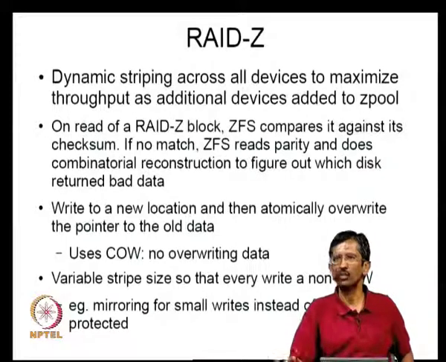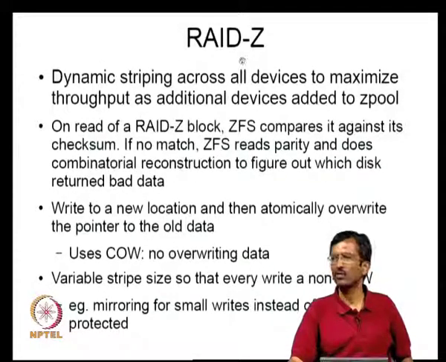It is not done by two different parties. For example, in Linux, the file system is designed by one group, and the MD or whatever volume manager is there is done by somebody else. Same thing in Veritas file system and Veritas volume manager: though from the same company, they are done by two different teams, so it is not an integrated design. ZFS, on the other hand, has been designed to be an integrated design.